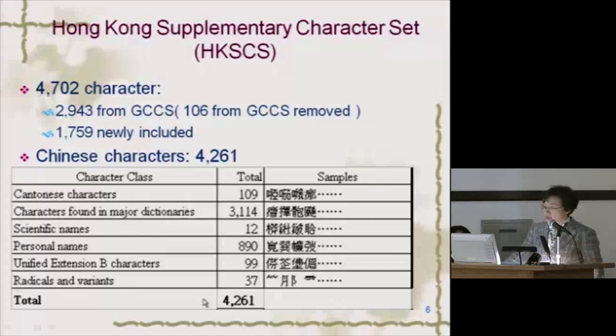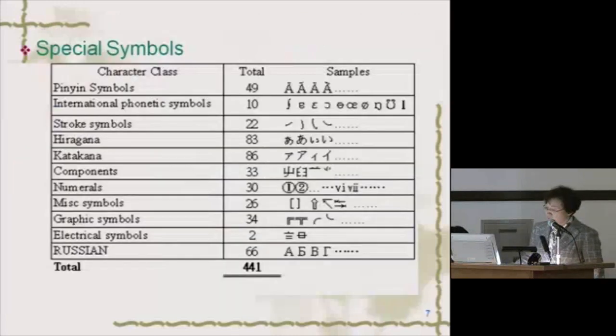So those are included. If you look at the characters, there are also what we call radicals or components of Chinese characters. They originated actually from existing Big Five. This was not a Hong Kong invention, but because they were there already, they are also included.